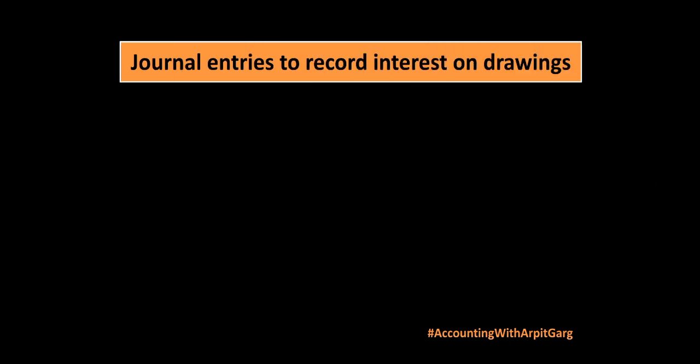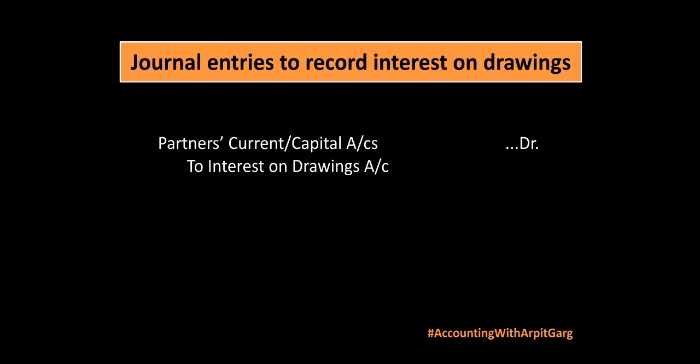Then let's look at general entries to record these transactions. As we know, interest on drawing is our income. Why? Because partner is taking money from us. Remember, we are firm. Partner has given us capital. Now he is taking the amount back. So he is taking drawing from us.